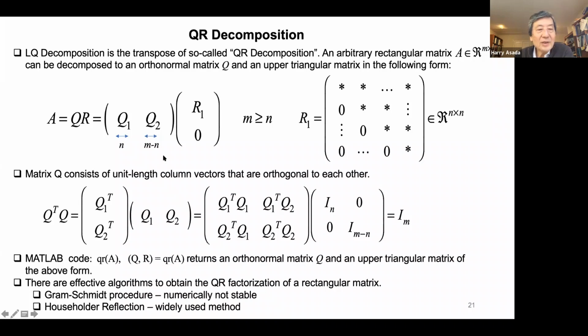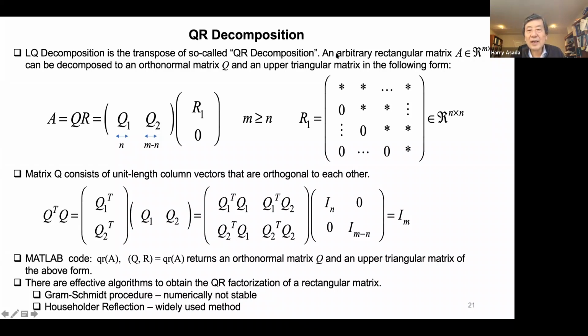LQ decomposition is the transpose of the so-called QR decomposition. Some of you might have heard of this decomposition, QR decomposition. And actually, LQ decomposition is just the transpose of this version.